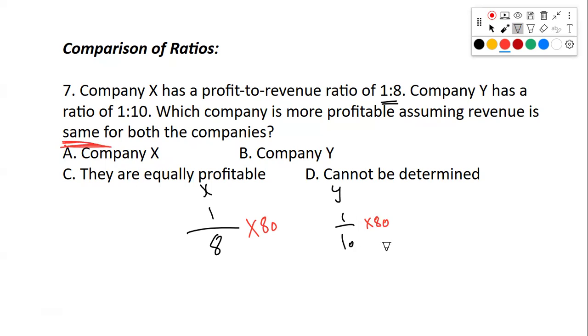Because it's a multiple of both 8 and 10. Least common multiple will be 40. We are not talking about LCM, we are just talking about a multiple. So X is getting how many units as profit? Profit here is 10 units, since 8 goes into 80 ten times. Y will get a profit of 8 units. So which is having more profits? Company X is having more profits. Logical thinking.